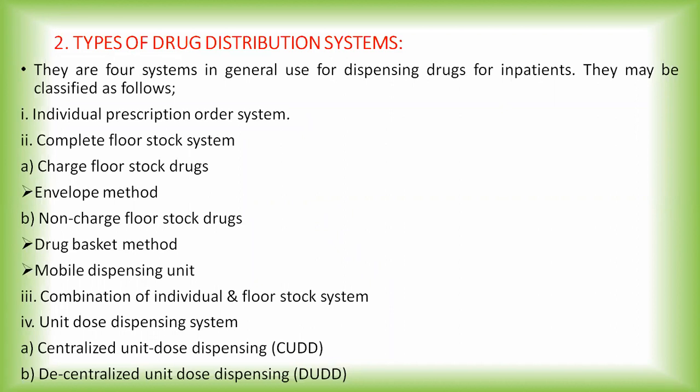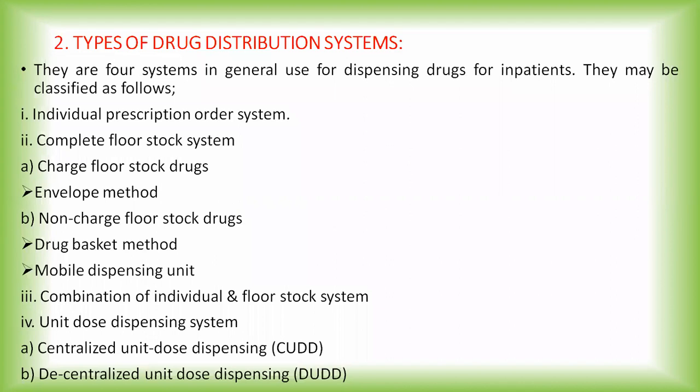Next is the complete floor stock system. This distribution takes place through the floor stock system, which is again of two types: charged floor stock drugs, which includes the envelope method, and non-charged floor stock drugs, which includes the drug basket method and the mobile dispensing unit.